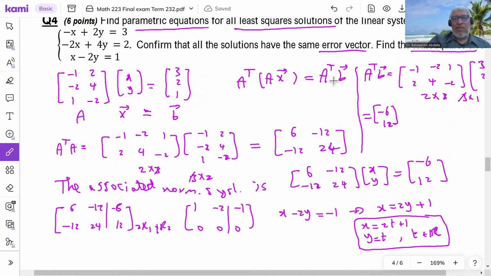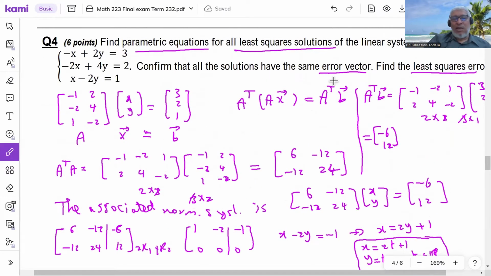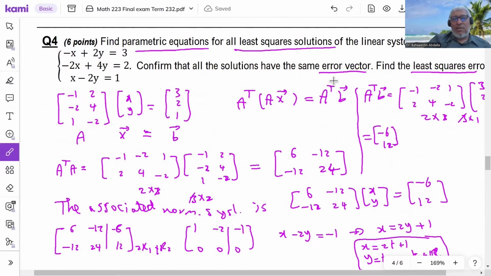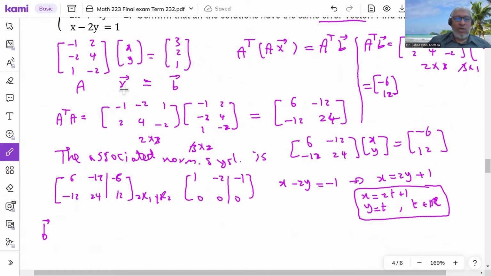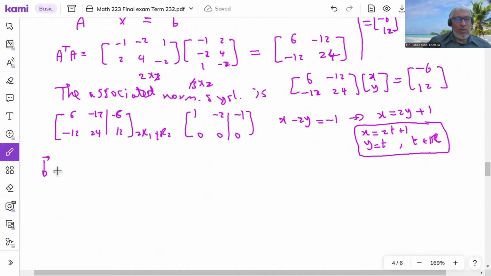Now the second part: what is the error vector? The error vector is the difference between B and AX. B minus AX, so that's the error vector.